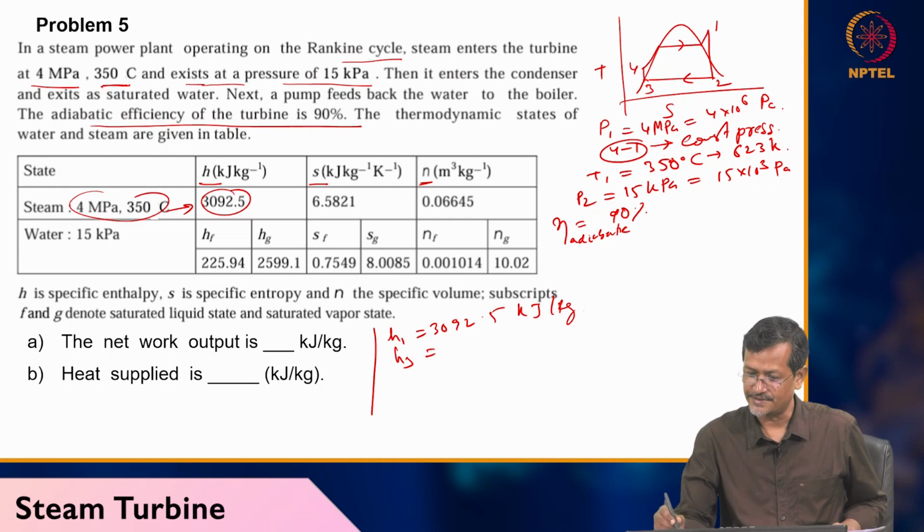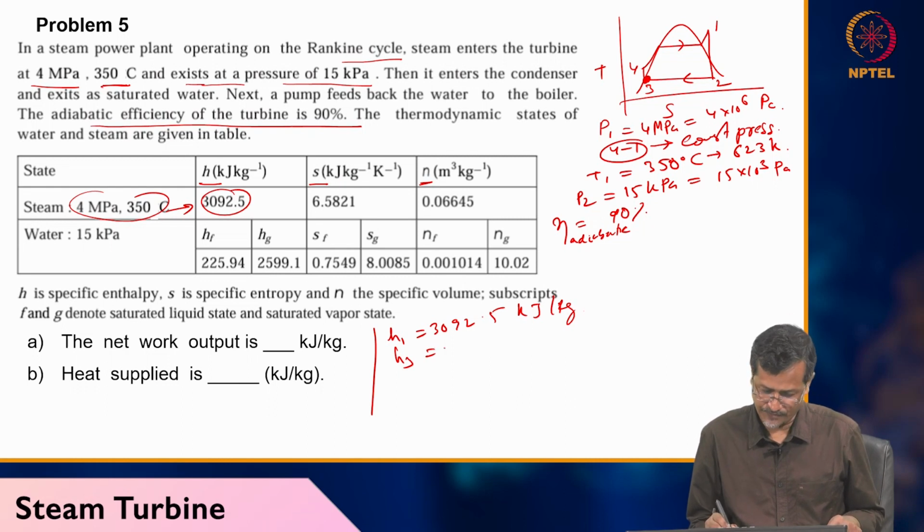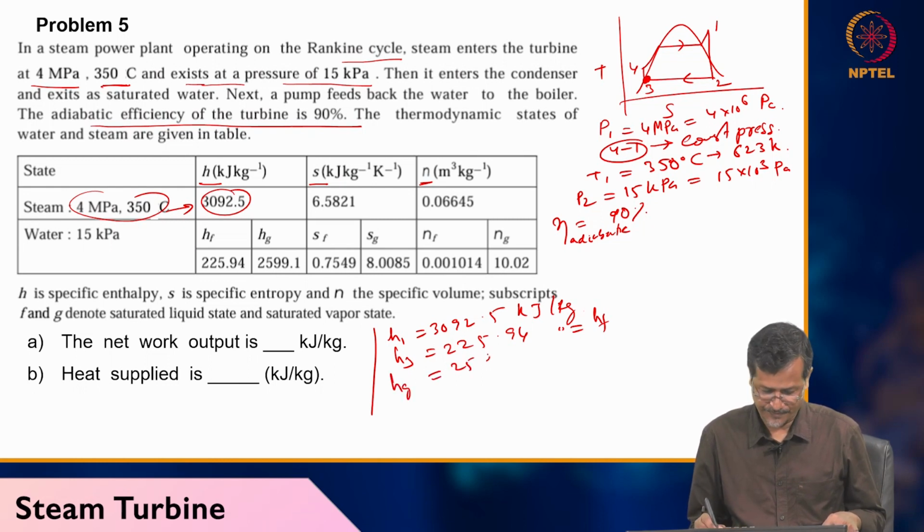H3 means this condition in the TS diagram. This value is 225.94 kJ per kg, or you can say this is Hf, the fluid. And Hg equals 2599.1 kJ per kg.